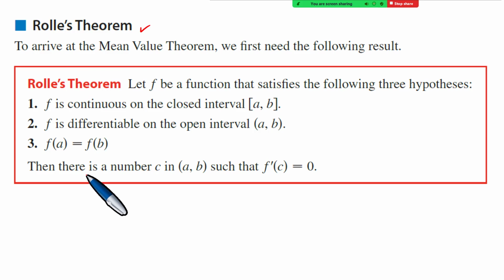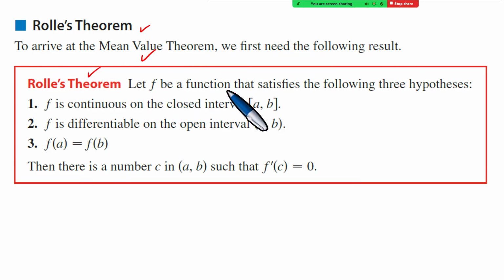Rolle's theorem is a prelude to the mean value theorem, to be done before it. So before we get to the mean value theorem, we need a result, and this result is called Rolle's theorem.